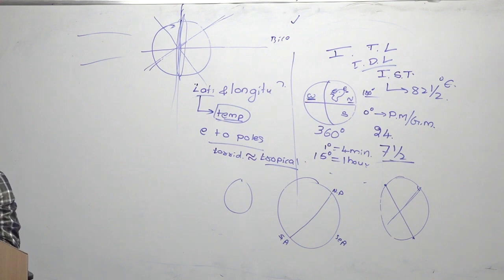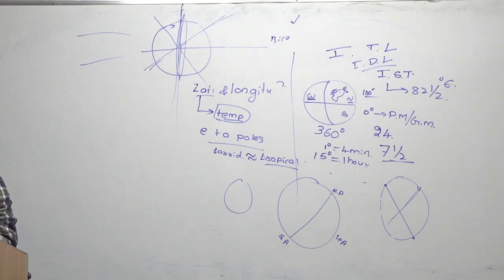Okay. So the following are the factors on which seasonality depends. First one is revolution of the earth around the sun.